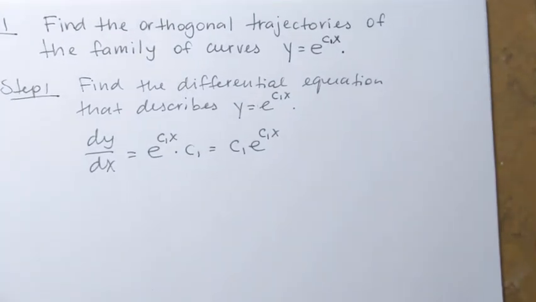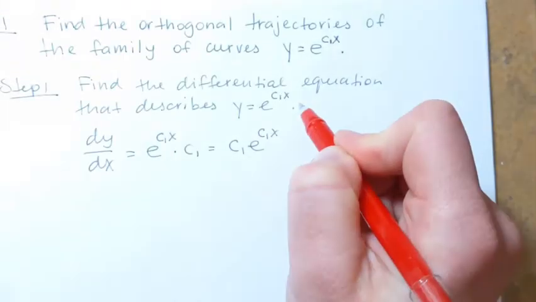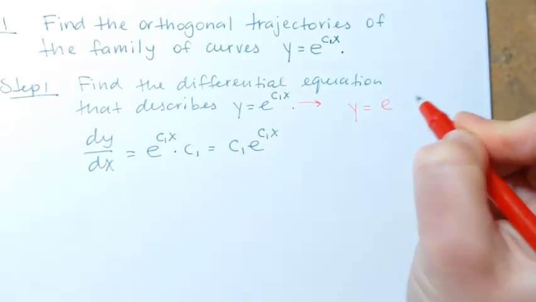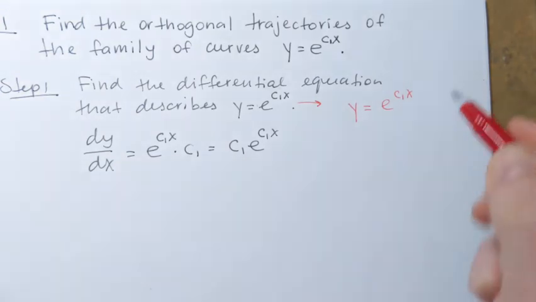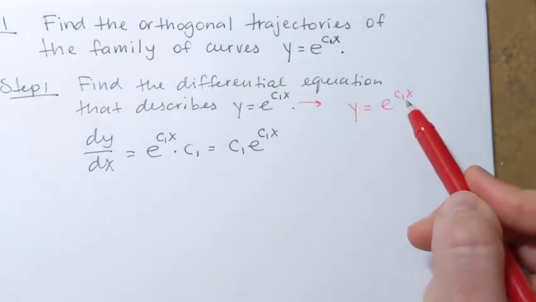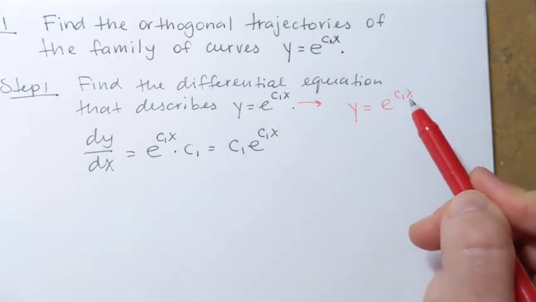From our original equation, I'll rewrite it: y equals e to the power c1x. So how do I solve for c1? Well, if I can solve for c1x, that would be good, right? From there I could get c1.